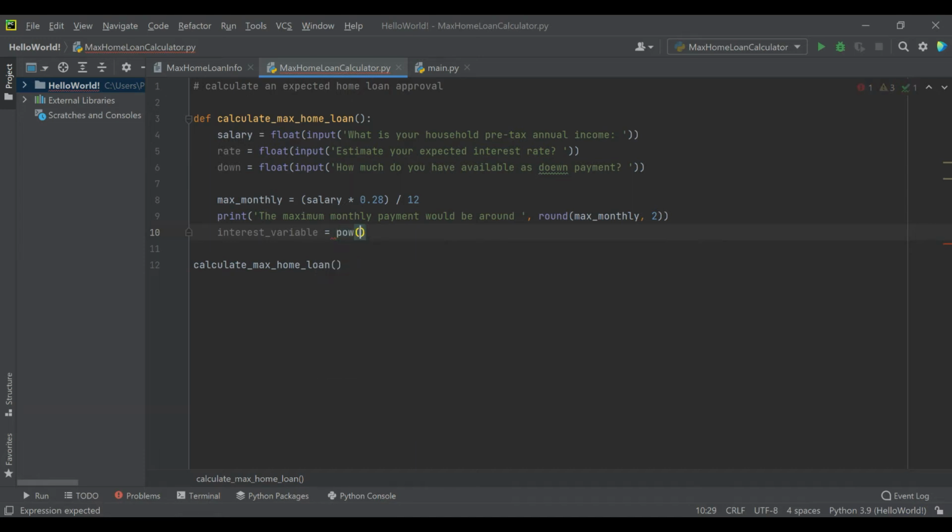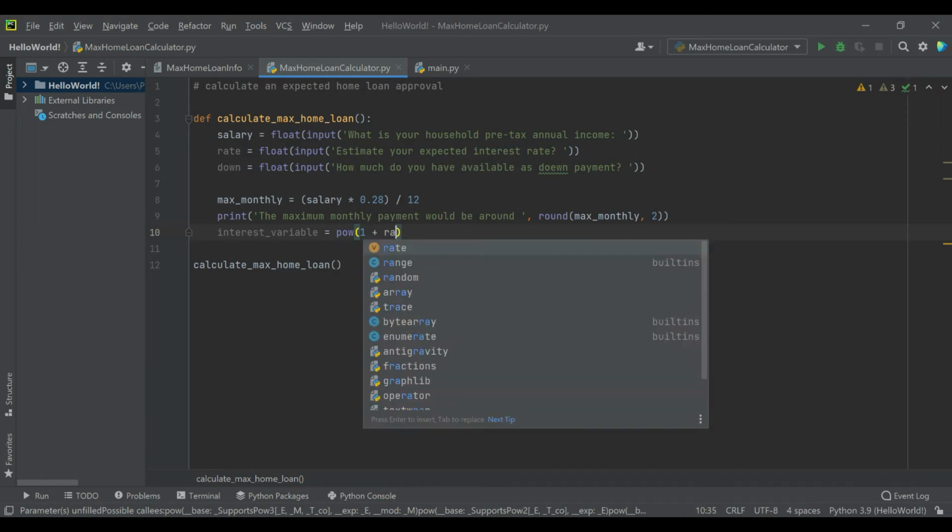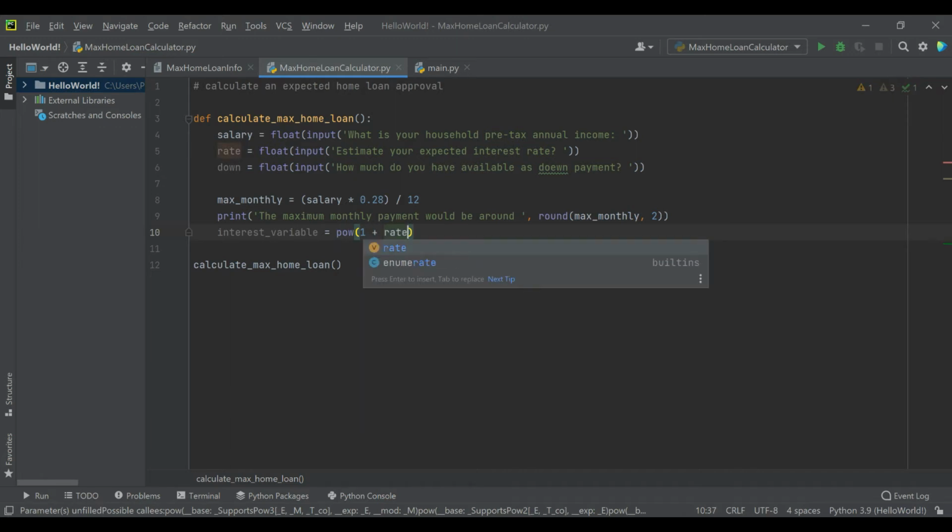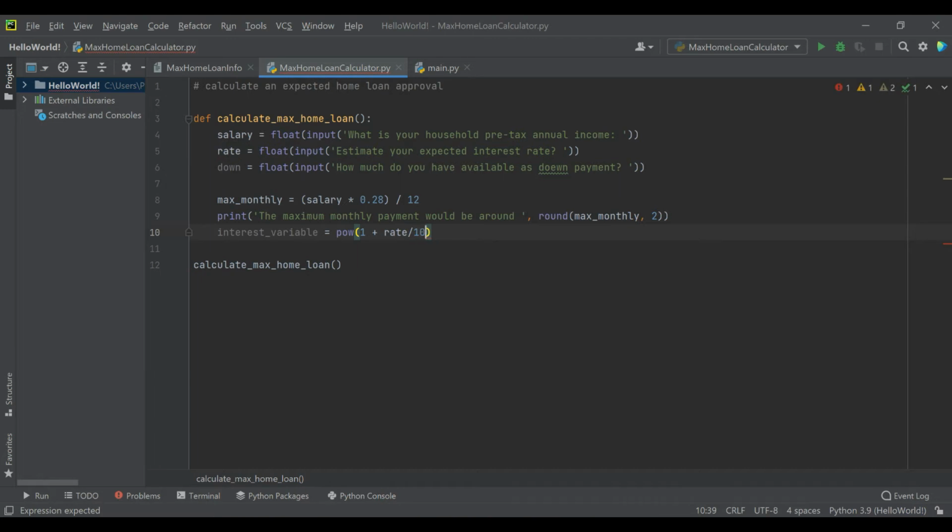That looks like 1 plus the rate that got entered as a decimal over 100 times 12, because this is asking for monthly rate, and this is entered as a percentage. So to get from percentage to decimal, you divide by 100, and then to get from that number to monthly, because that's annual, you divide by 12. So instead of saying 100 times 12, we'll say 1200. I just wanted you to know where that value is coming from.